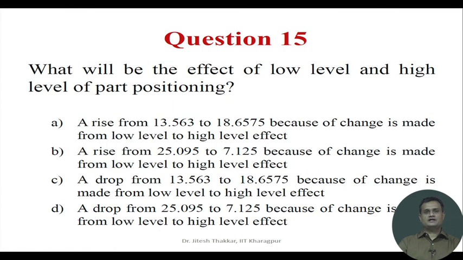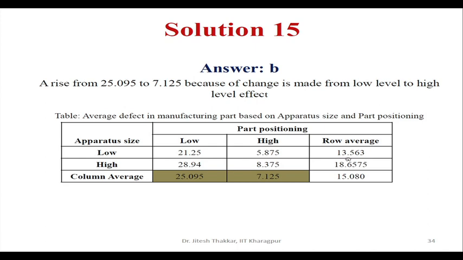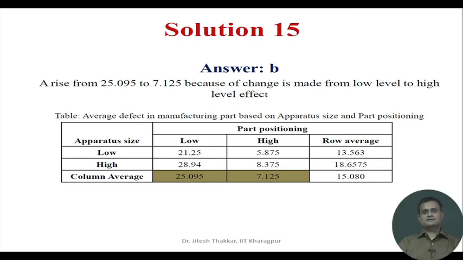A rise from 25.095 to 7.125 because of change made from low level to high level effect, and in a similar way you can see the options C and D. So here, as you can appreciate, we need to look at the column averages and how there is a change detected, and this is a rise from 25.095 to 7.125 because of changes made from low level to high level effect.